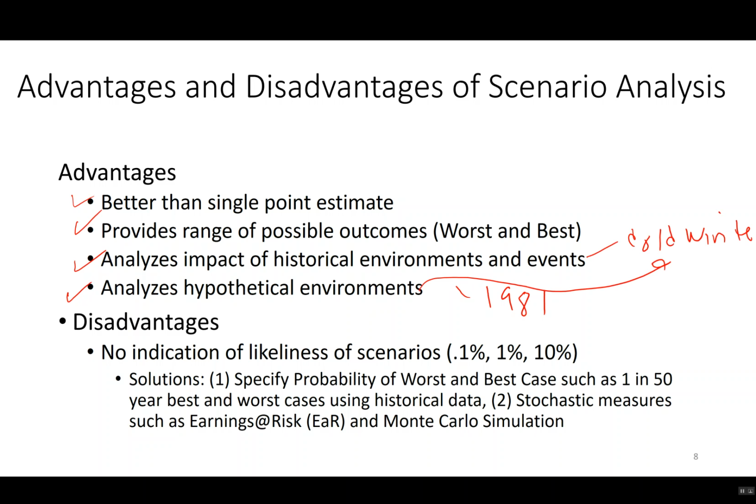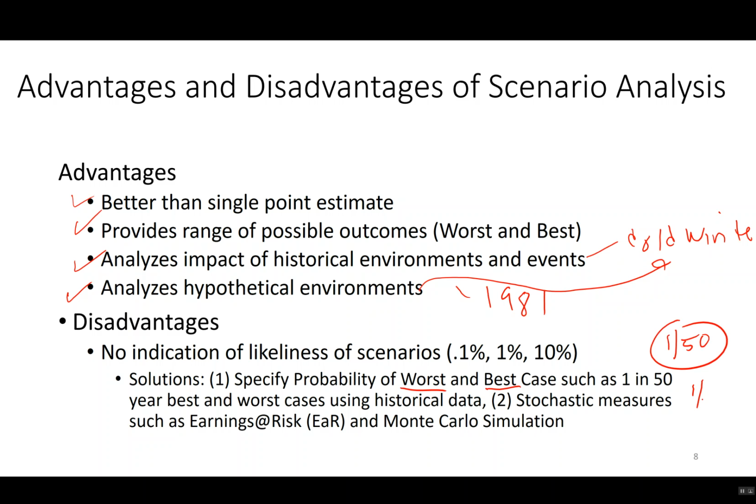Now, some disadvantages of what we've done. Well, we never indicated the likeliness of the scenarios. Like, what's the probability of a long winter? What's the probability that the Fed raises interest rates by as much as they did in 1981? So there's two ways to solve that problem. One, in your worst case and best case scenarios, you could specify that it's, say, a 1 in 50 year worst and best case, right?